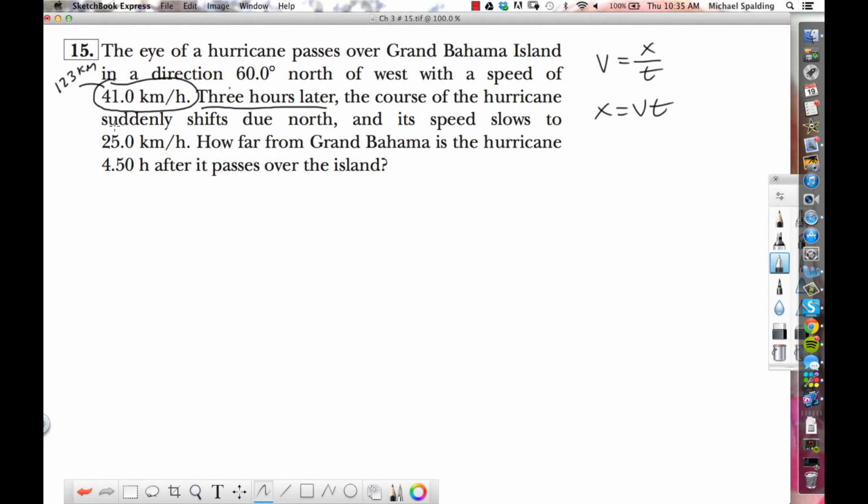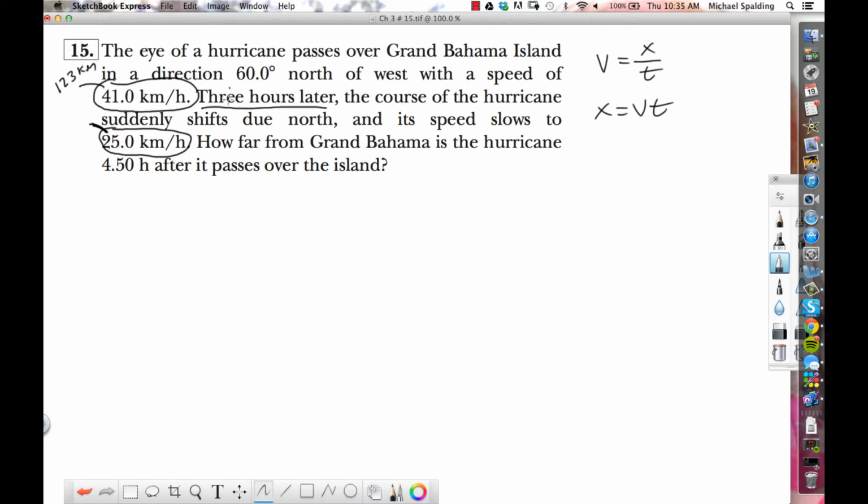Then the hurricane suddenly shifts direction and goes due north, and the speed changes to 25 kilometers per hour. How far from the island is the hurricane 4.5 hours later? So here's the question: how long does this speed last for? 1.5 hours.